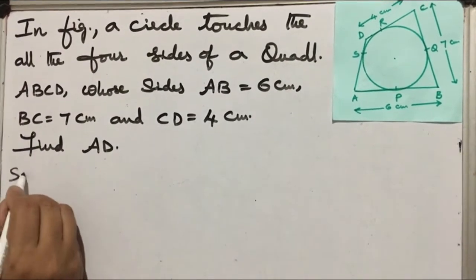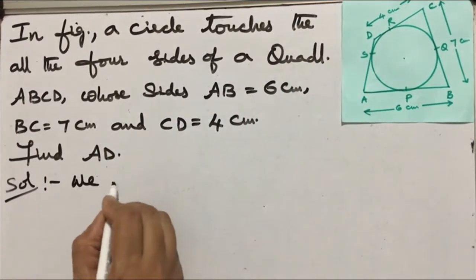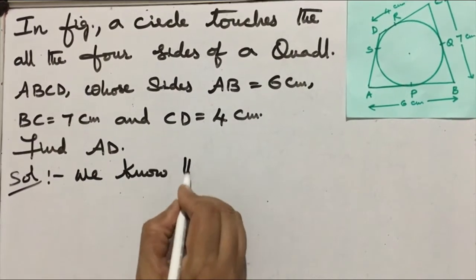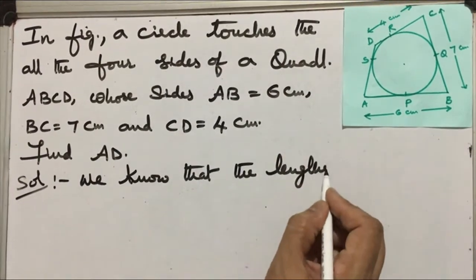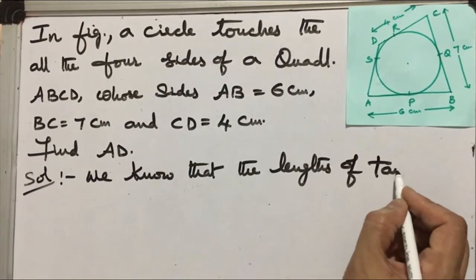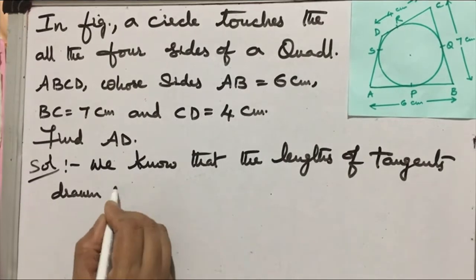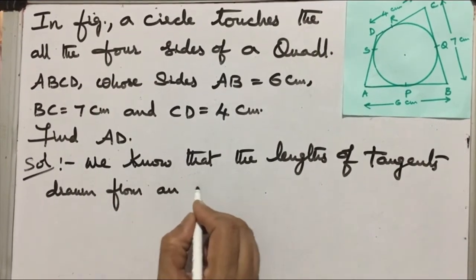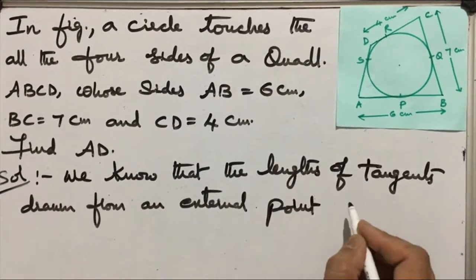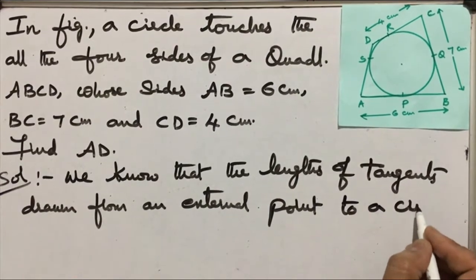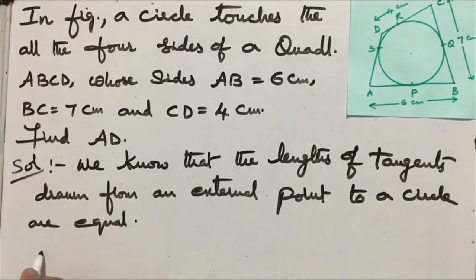Coming to the solution, we know very well that the lengths of the tangents drawn from an external point to a circle are equal. So now you write it.